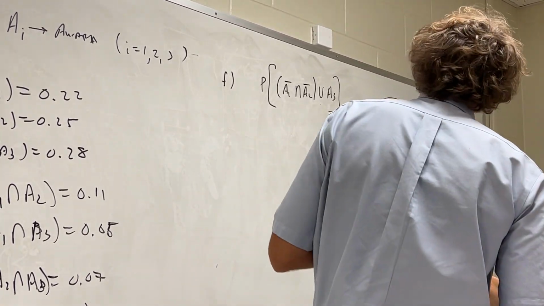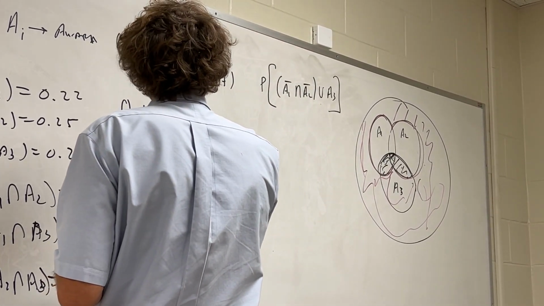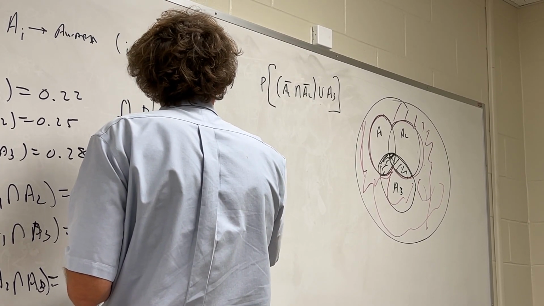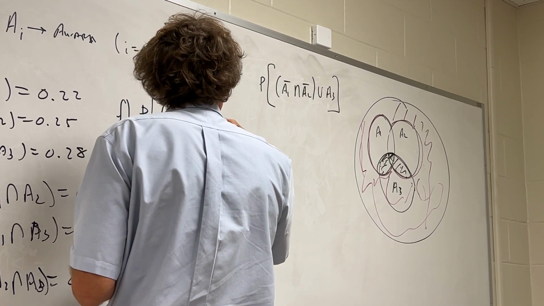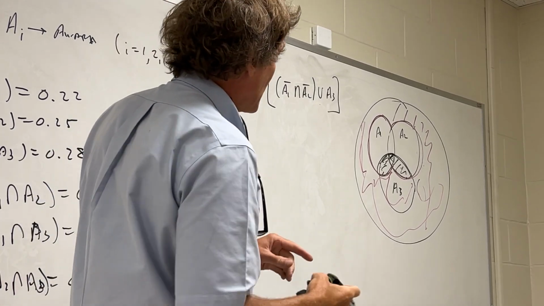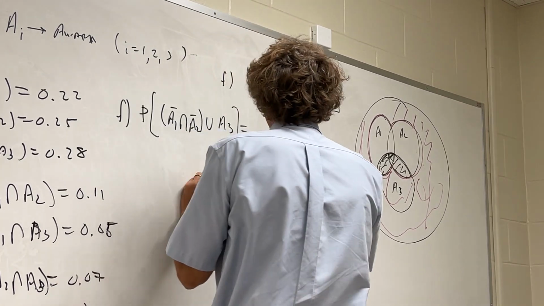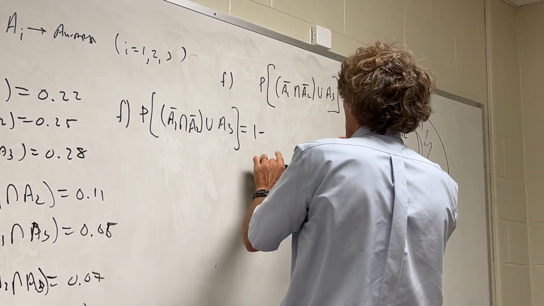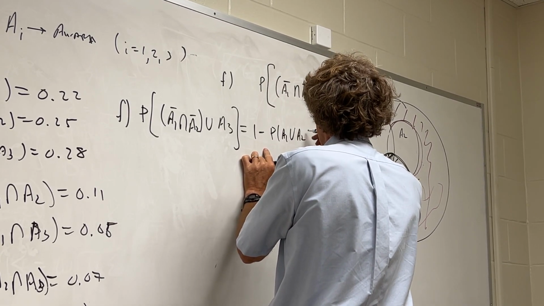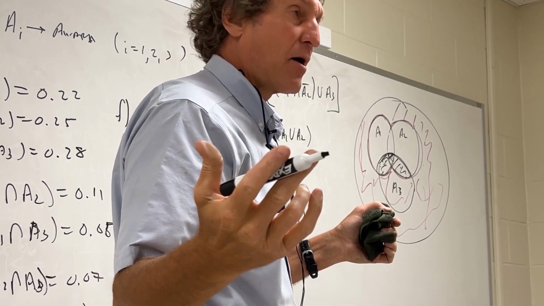Let's try that. For F, the probability of A1 complement intersect A2 complement, union A3 will be equal to, first, everything that's not A1 or A2. That's 1 minus the probability of A1 union A2. I think we did that in a prior one. Yes, sir. All right, so we got that.